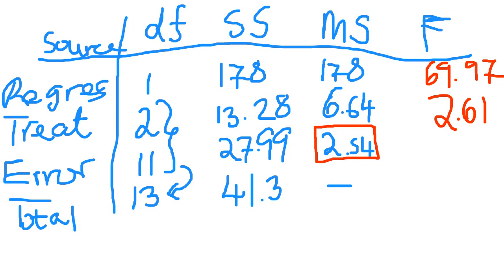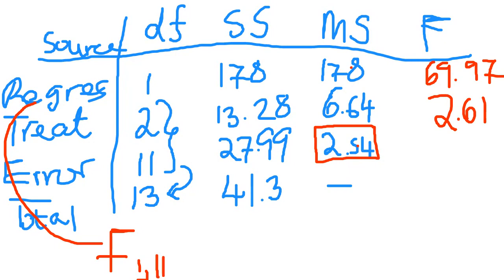When you want to test for regression, your F value will be what? Will be 1 and what? And 11. Because for you to find this 69.97, you said 178 divided by 2.54. So its degrees of freedom is 1 and 11.